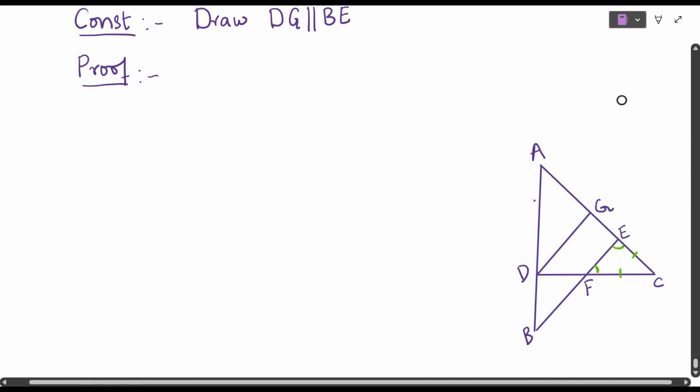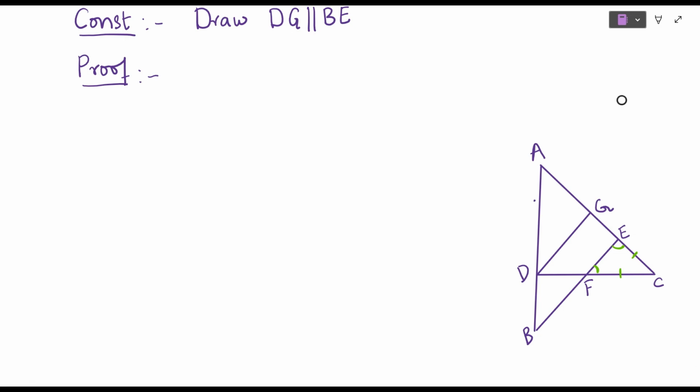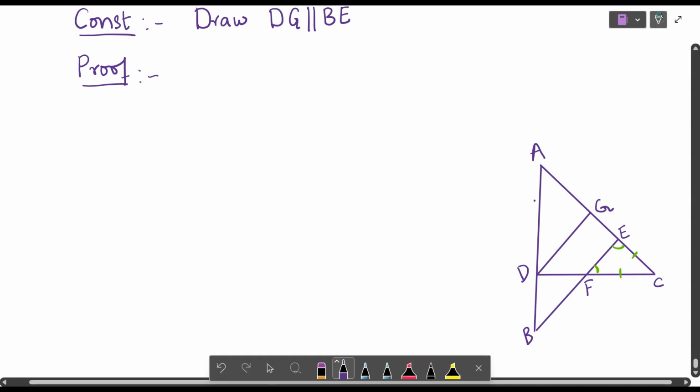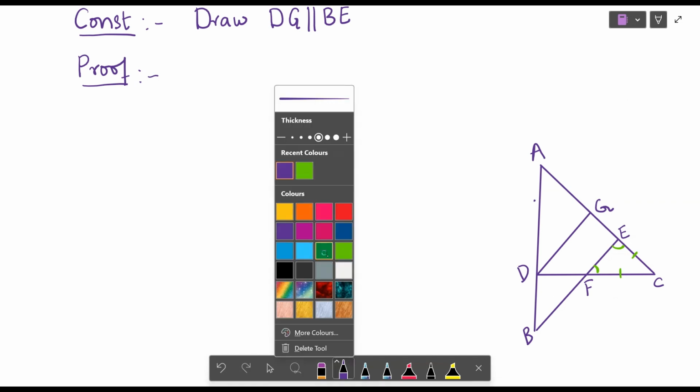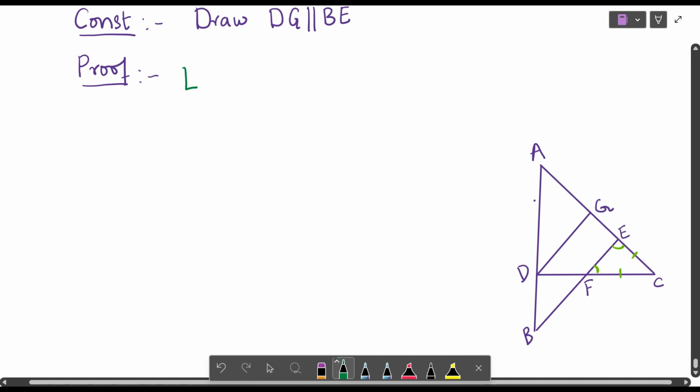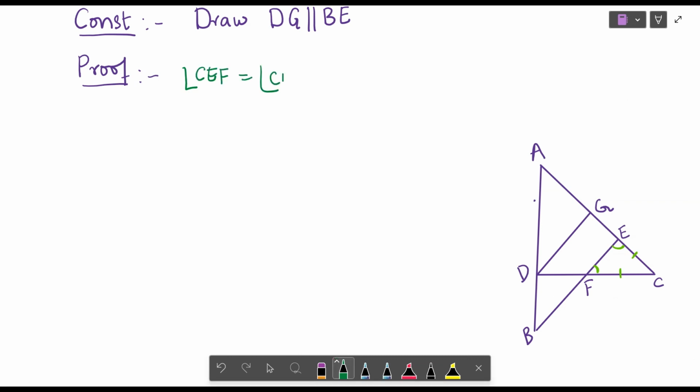So whatever is given, let us write here: angle CEF is equal to angle CFE.